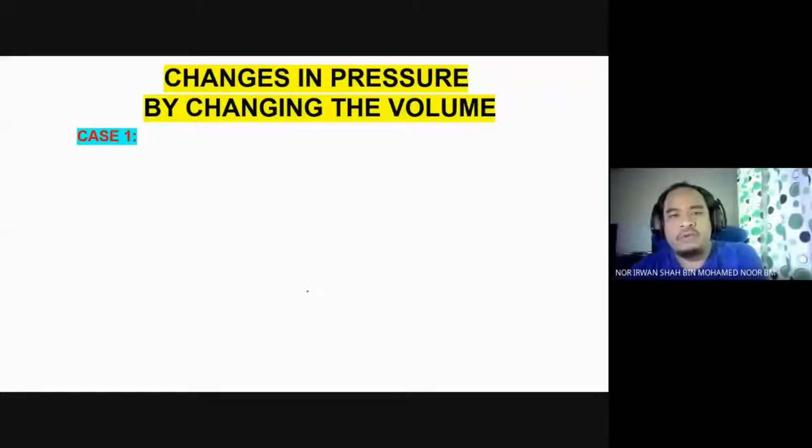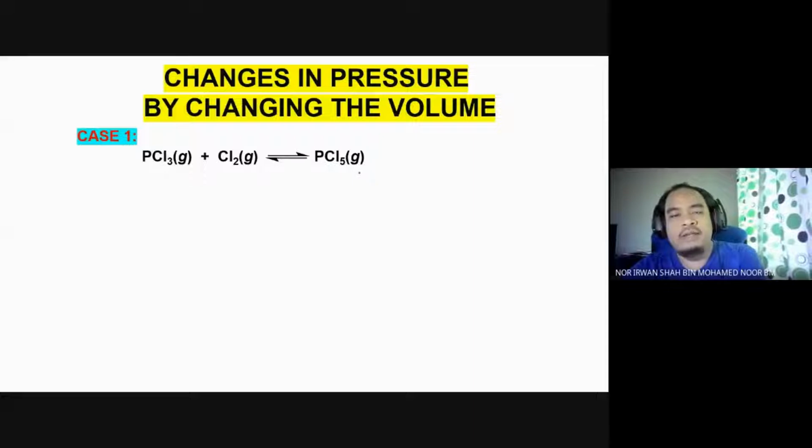Let's start with the first case, case number one. Let's say we have this system here: phosphorus trichloride gas and chlorine gas in equilibrium with phosphorus pentachloride gas.